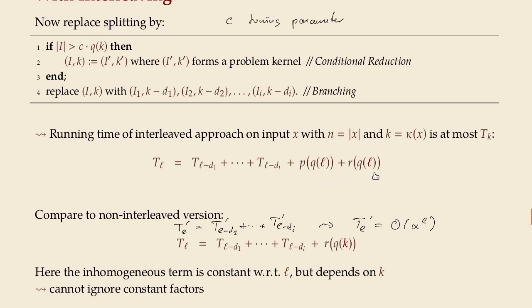Now this here is essentially the worst case scenario in a sense, so we have to apply the kernelization, which had running time p. Q is what we had before. And this then is the splitting cost for the smaller instance. So we should now know how to solve these recurrences.